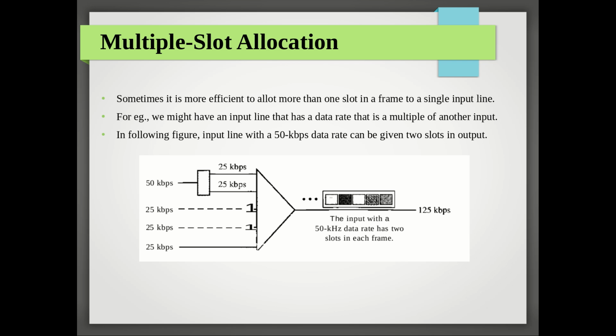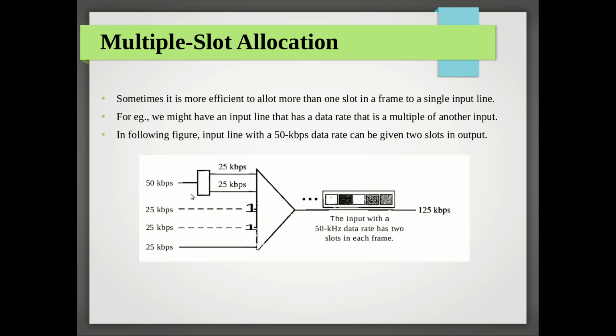Here we have 4 input lines, one with 50 kilobits per second, and others with 25, and if you want, you can apply multi-level multiplexing here. These two 25s you can combine to a 50, and this is another 50 you can combine. But still we have a problem: what are you going to do with this 25?